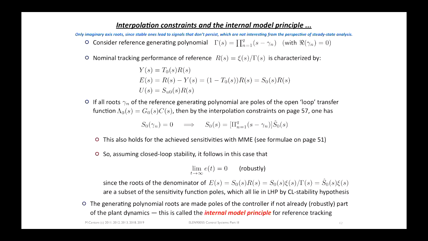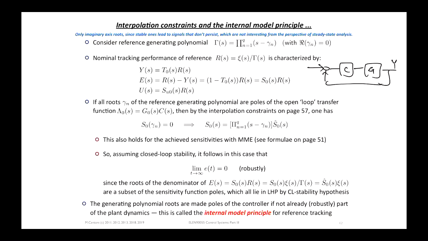So if we look at tracking performance for a reference that's associated with this generating polynomial, then we know that the output will be the complementary sensitivity function times the reference. The error signal, let me just remind you what the closed loop looks like. Got the controller, we've got the plant.